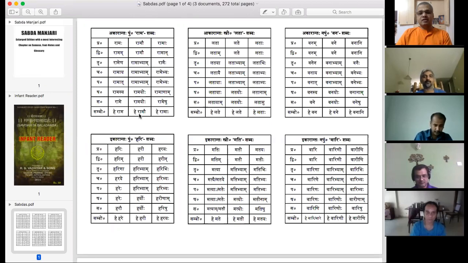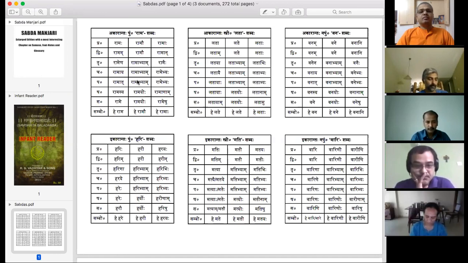Singular is called Ekavachanam. Eka is singular, Vachanam is number. So Ekavachanam is singular. Dual in Sanskrit we call Dvivachanam. Dvi is two.